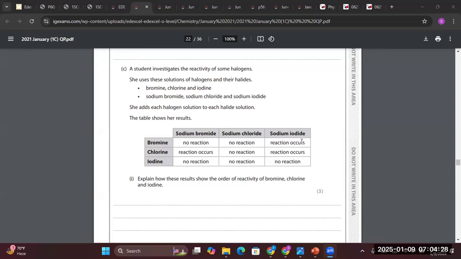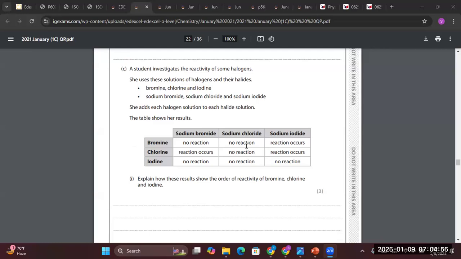I know we all know the answer, but we have to use the table to give the answer as well, right? So you have to refer to the table. So you say that chlorine reacts with sodium bromide as well and sodium iodide as well. So it displaces both bromine and iodine, which means that chlorine is the most reactive.